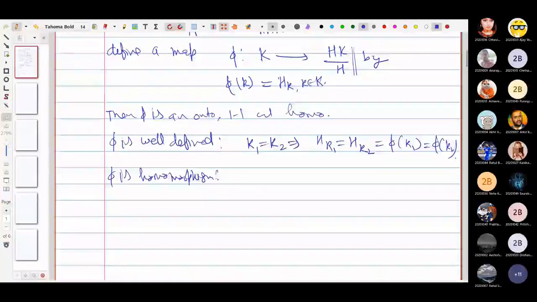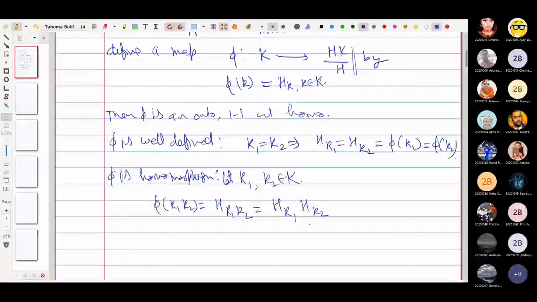For this, let us take two elements k1 and k2 belonging to capital K. So phi of k1 times phi of k2 is equal to Hk1 times Hk2. And because H is normal in G, we can write Hk1k2, because if H is normal in G, then the product of two right cosets is a right coset.